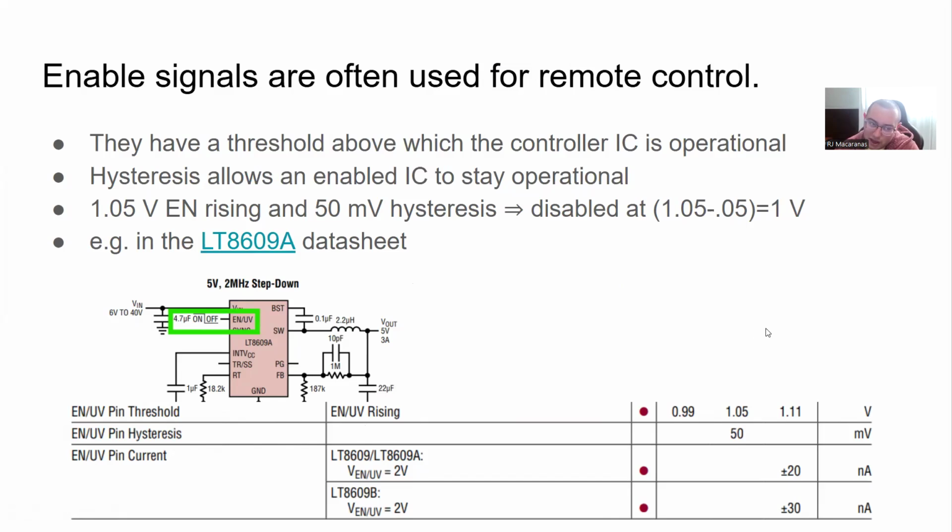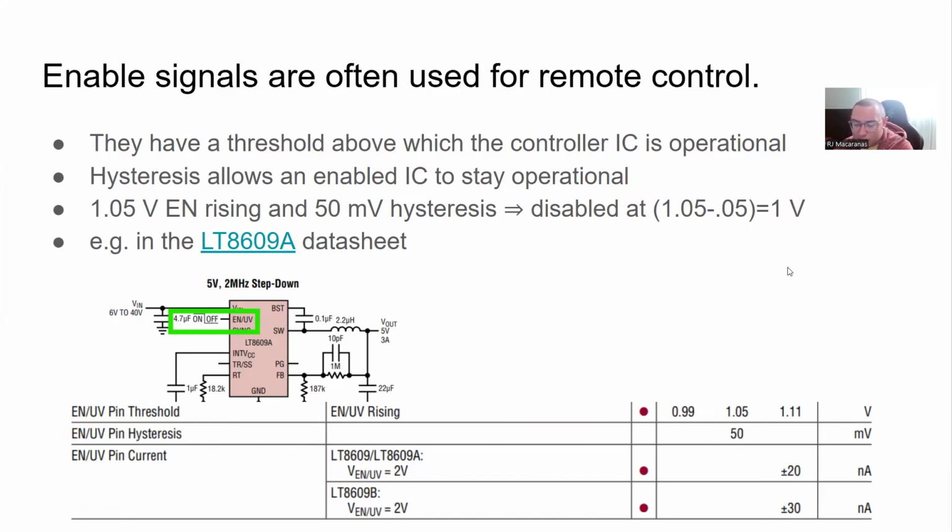So this hysteresis allows our IC to stay enabled for some amount of voltage below our rising threshold. In this case, the chip has 50 millivolts of hysteresis, which means that it will actually disable at 1 volt, right?